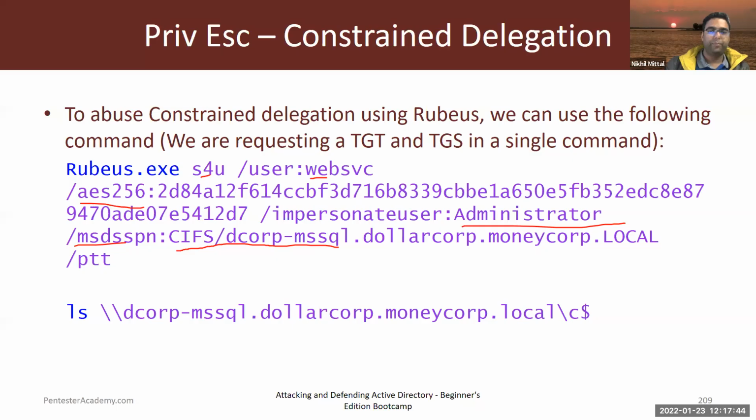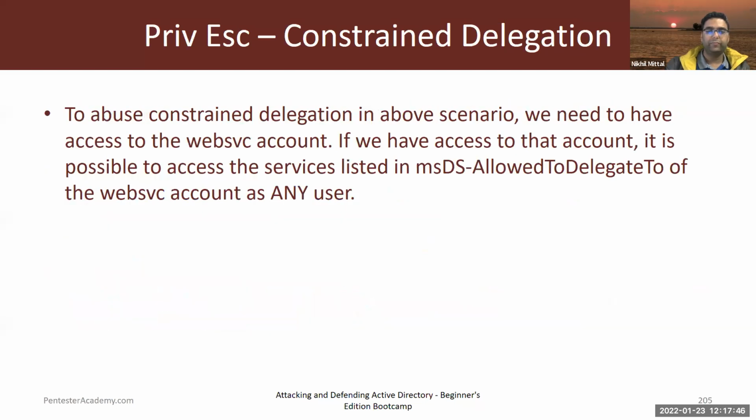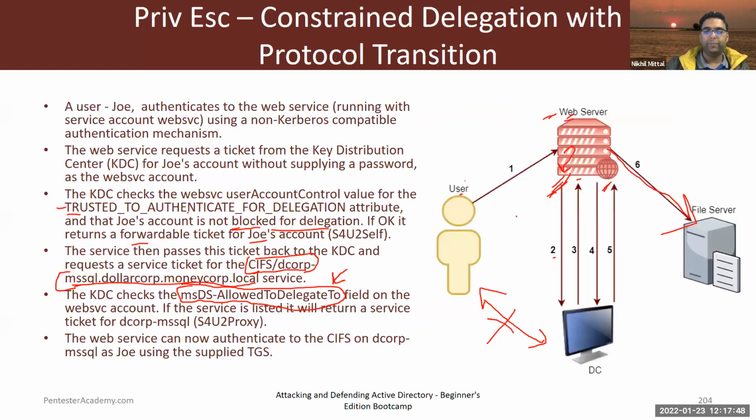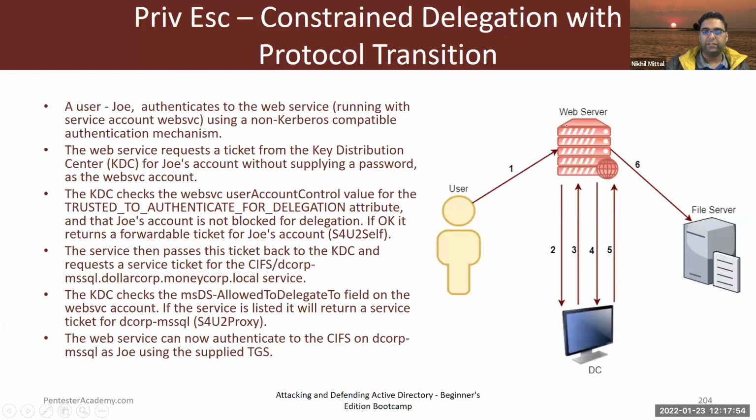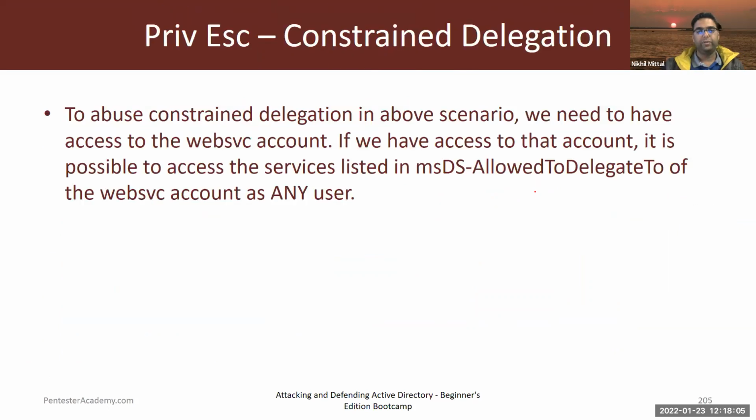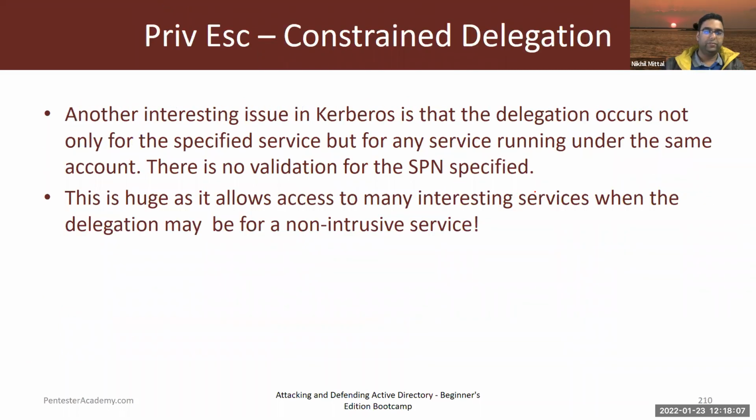So that was problem number 1. That is the web server. So what we address right now is that the web server can access any resource. Not any resource, the resource specified in msDS-AllowedToDelegateTo, as any user. That was the first thing.